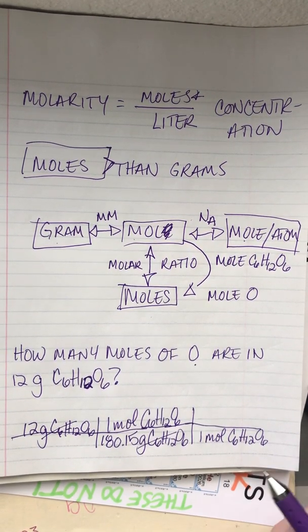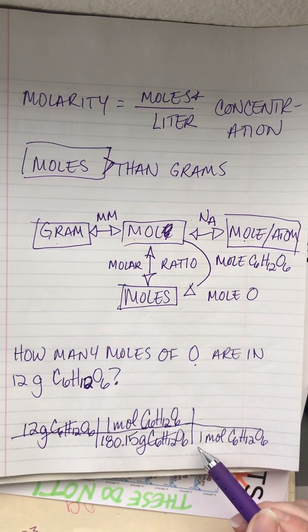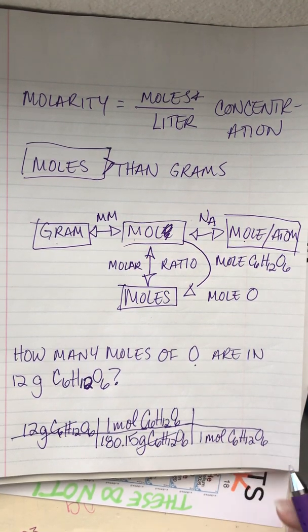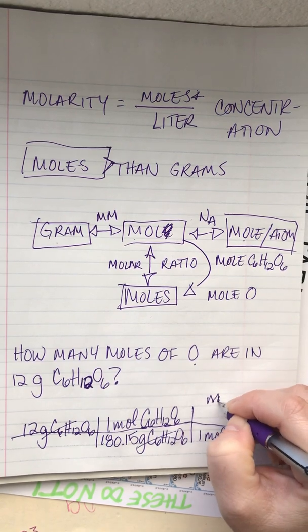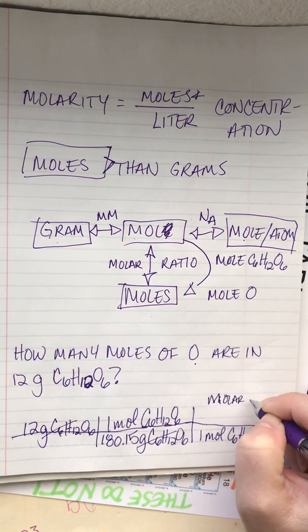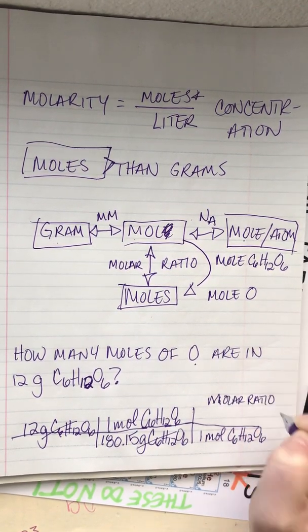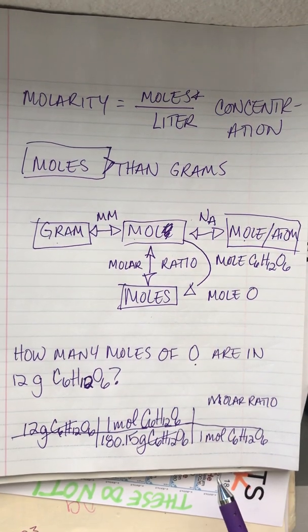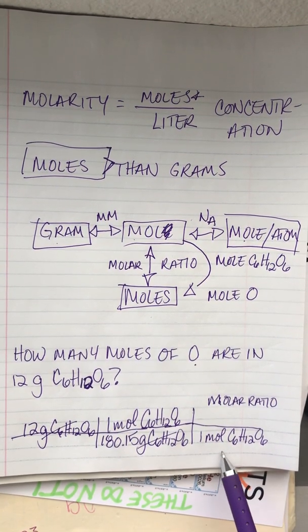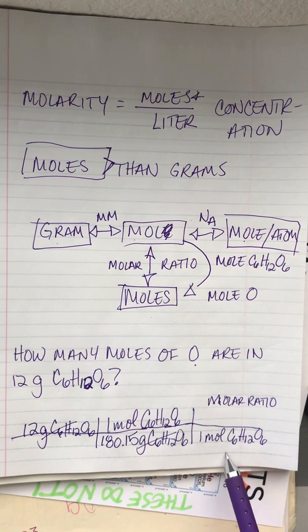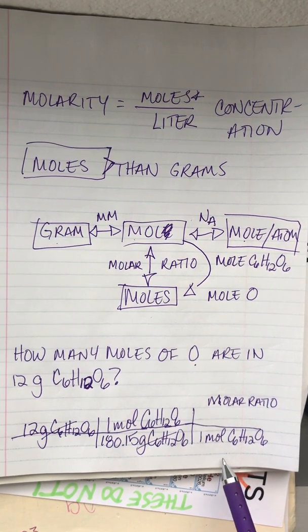Okay, so what we need to know now to complete the molar ratio, which is this part, is how many moles of oxygen there are per 1 mole of glucose. So if you had to guess, what do you think it would be?